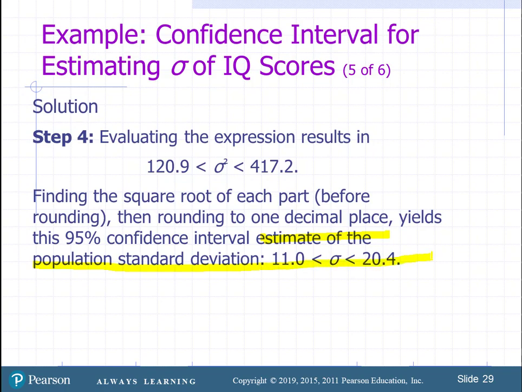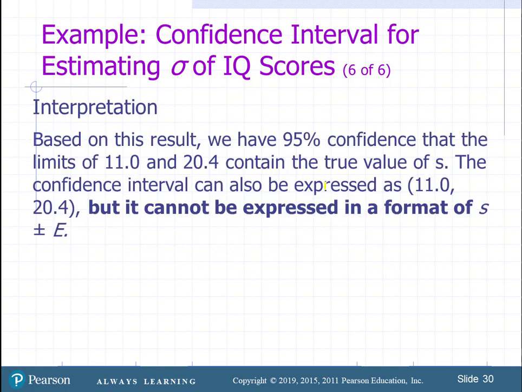So we're going to take the square root of both sides. So the standard deviation of our population is somewhere between 11 and 20.4. So we have 95% confidence that the limits of 11 and 20.4 contain the true value of our standard deviation.